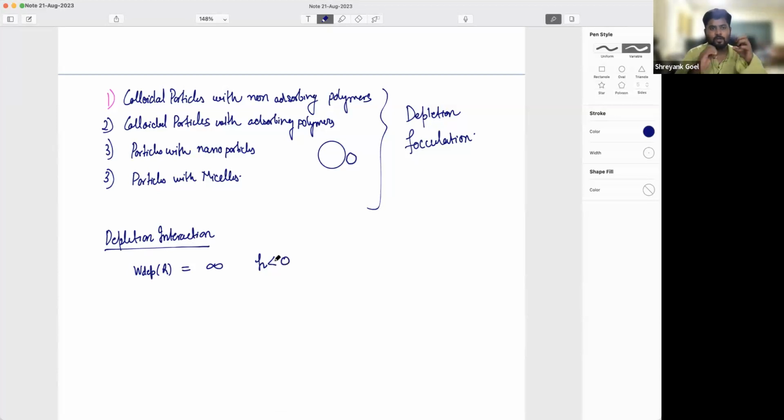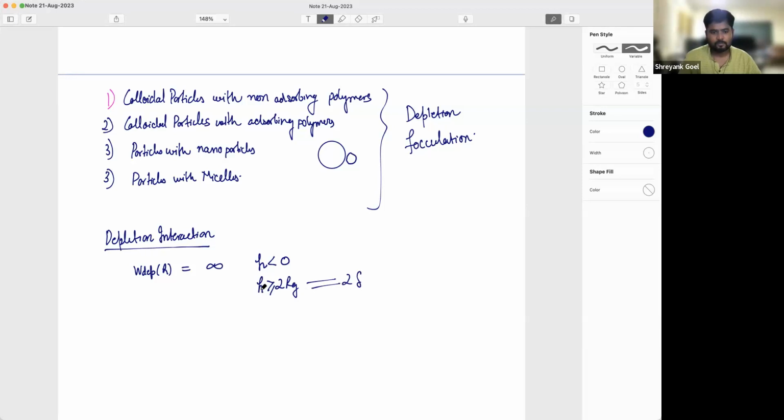So when the two colloidal particles are very close to each other, the depletion potential goes to infinity. When h is greater than twice Rg, in the lecture it is 2 delta, so essentially both are the same.